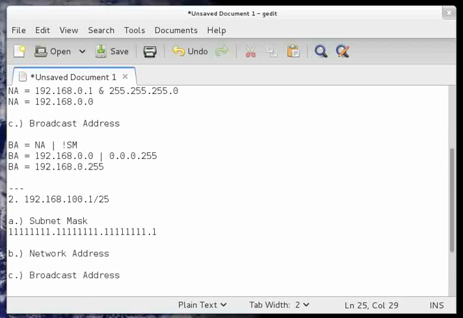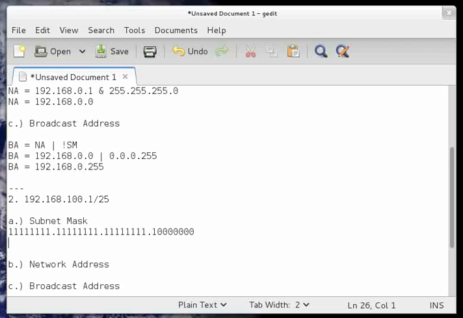Then it's followed by zeros, so we have 7 zeros left. Then we convert them into decimal notation. So all 8 ones is 255, another 255, another 255, and 1 followed by zeros is 128.